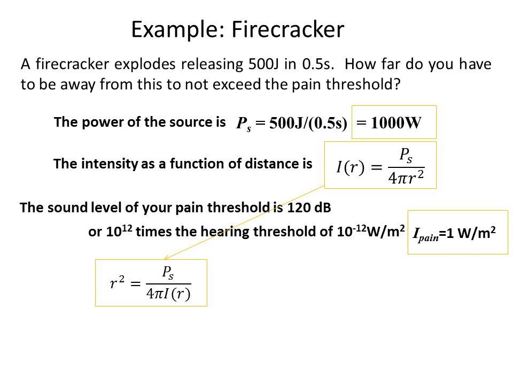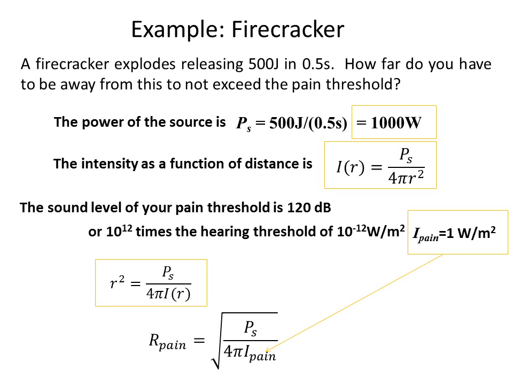Now let's take this function, the intensity as a function of distance, and rewrite it, solving for r squared. So we have r squared equal to the power of the source divided by 4 pi divided by the intensity as a function of r. R pain then is equal to the square root of the power of the source divided by 4 pi divided by I pain.